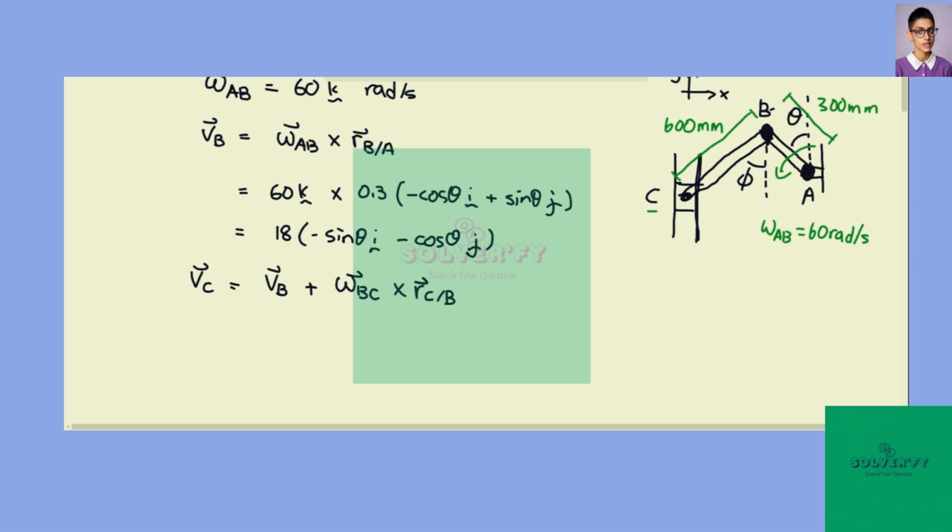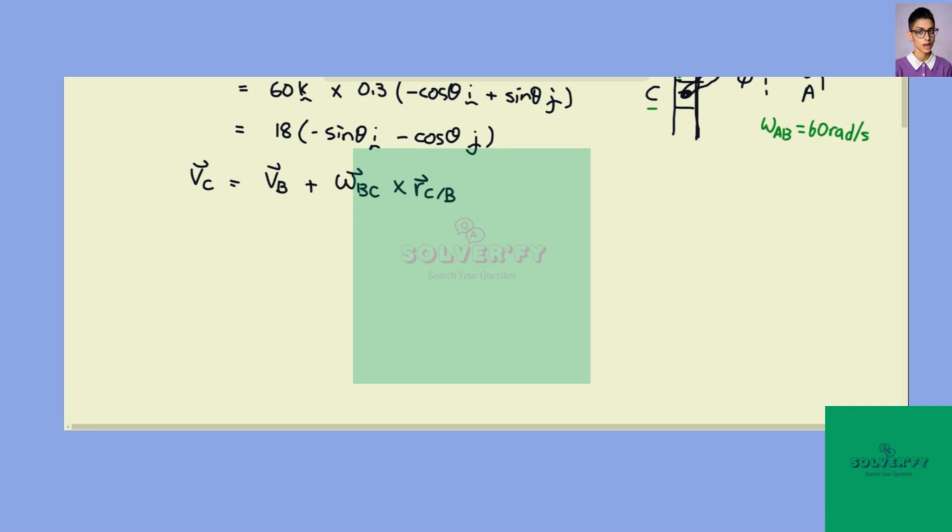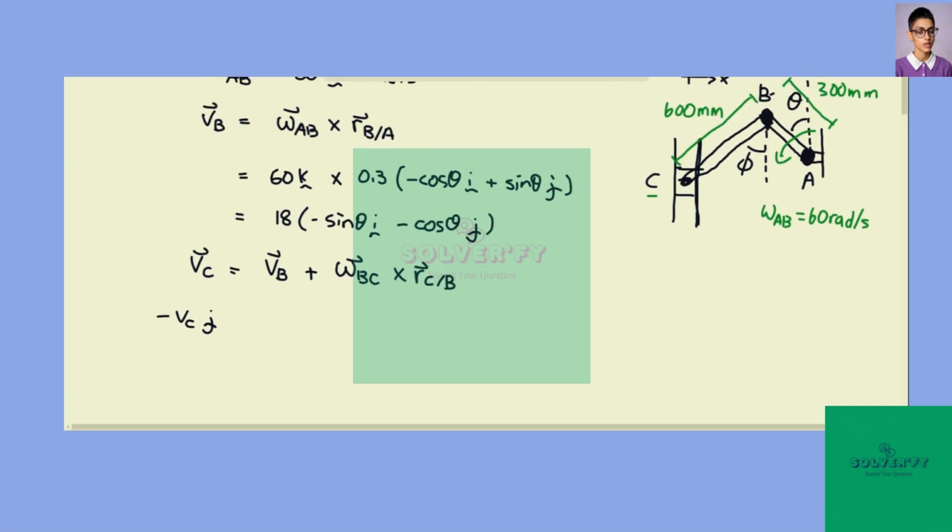Here we can write down the velocity of C to be moving downward, because as the link AB rotates counterclockwise, we expect C to move down.